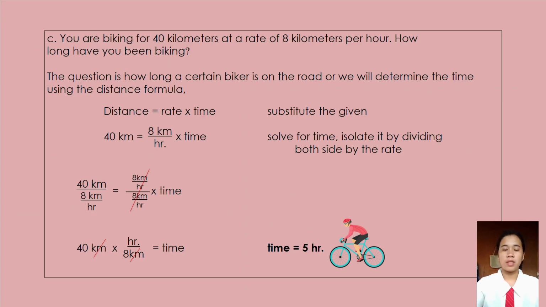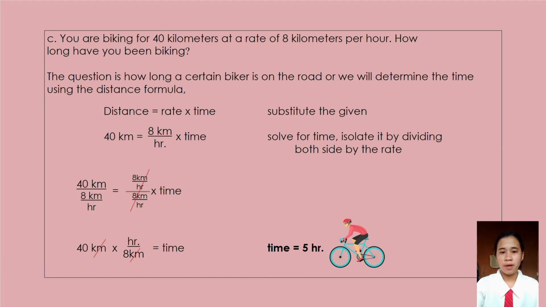Another example is you are biking for 40 kilometers at the rate of 8 kilometers per hour. How long have you been biking? The question is how long a certain biker is on the road, so we will determine the time using the distance formula. Distance equals rate times time. Substitute the given. 40 kilometers equals 8 kilometers per hour times time. Solve for time.